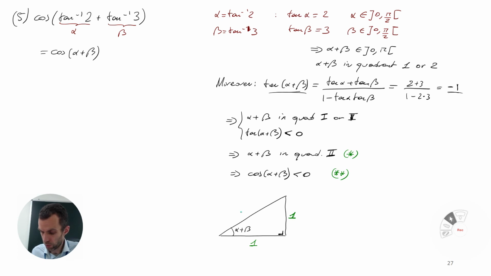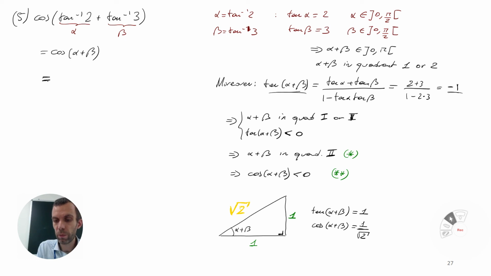And then the third side, the hypotenuse, is equal to square root of 2. So in this triangle we have that tan of alpha plus beta is 1. So note the sign here. We also know that cosine of alpha plus beta is adjacent divided by hypotenuse. That's 1 over square root of 2.